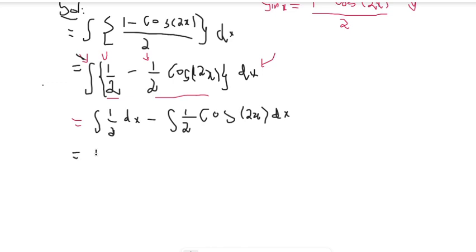We can write 1/2 integral dx, then minus 1/2 integral cos 2x dx.